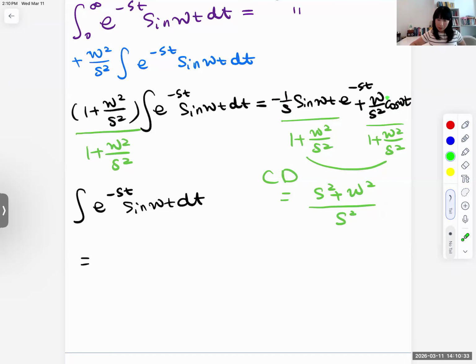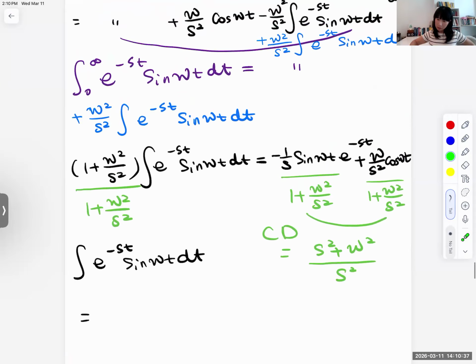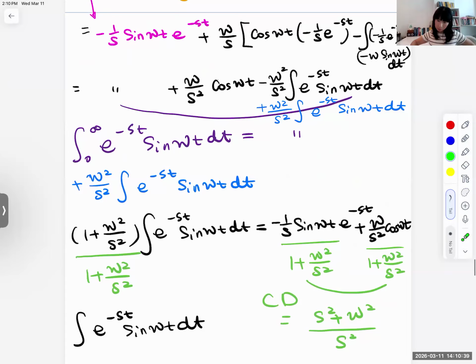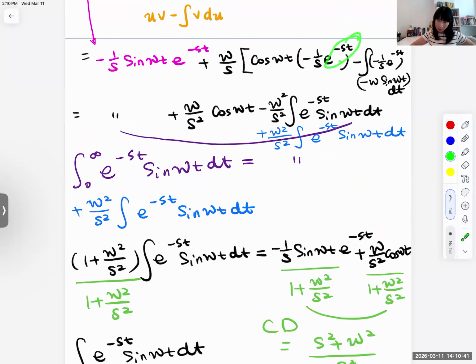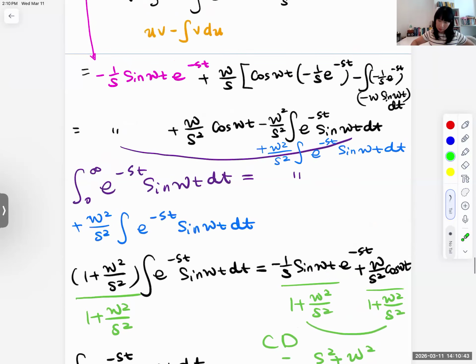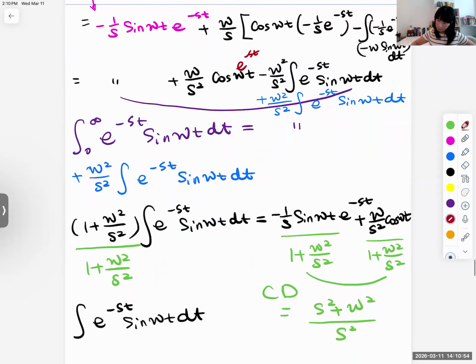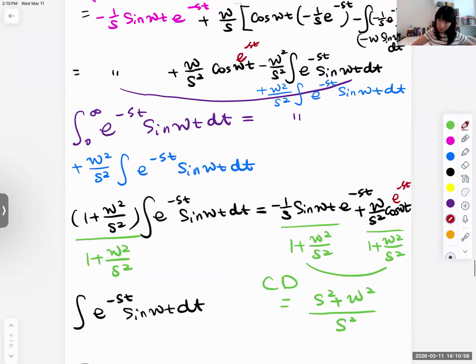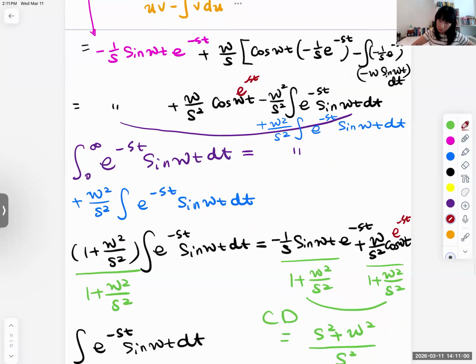Oh, I'm missing something here. Hold on a second, I made a mistake. I'm missing this one. Sorry about that. Missing e to the negative st. Missing this one here.